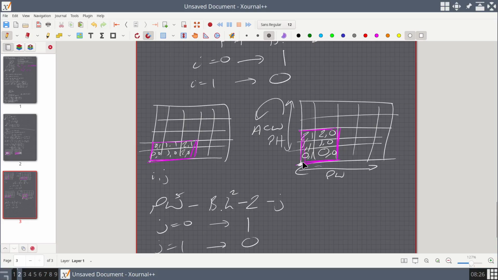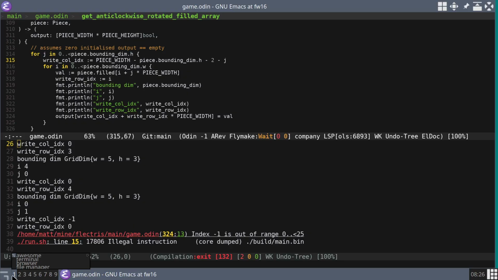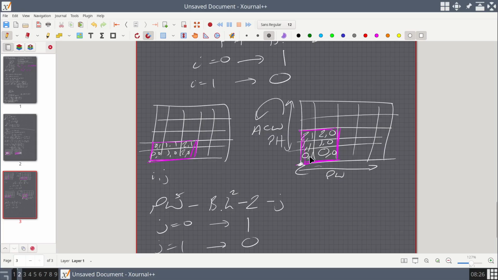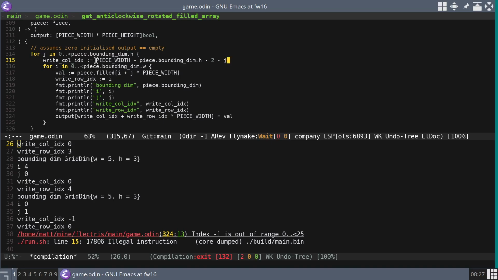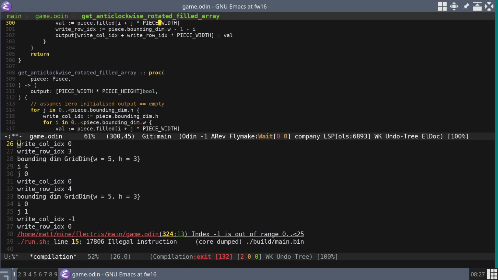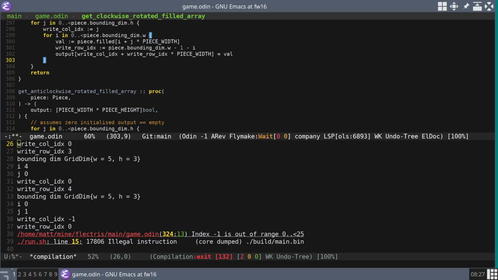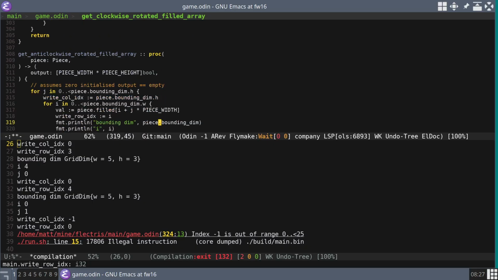If we instead just say, I'm getting confused now, right col index is the simple one, so it's how far to the left we are, and it's counting downward. I think this might actually be allowed to be piece dot bounding dim. Is it the same or the opposite as that? I get up here. The width minus 1 minus i.